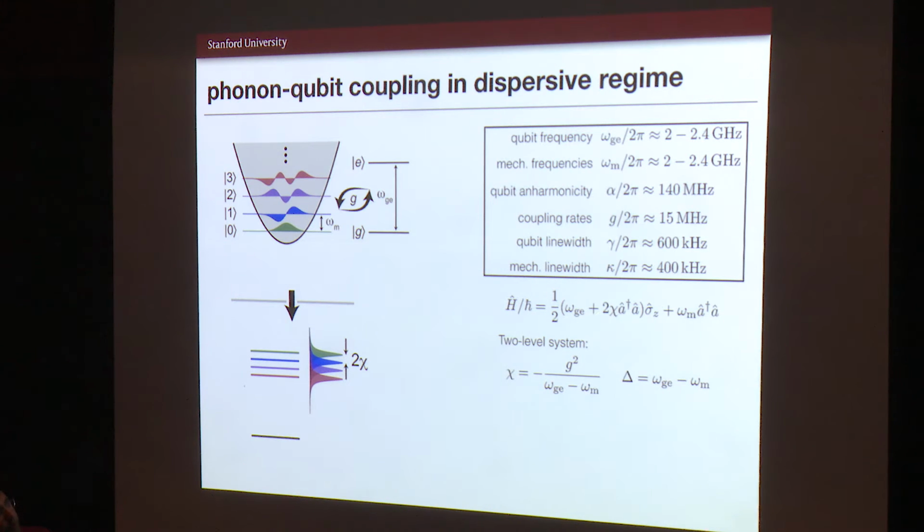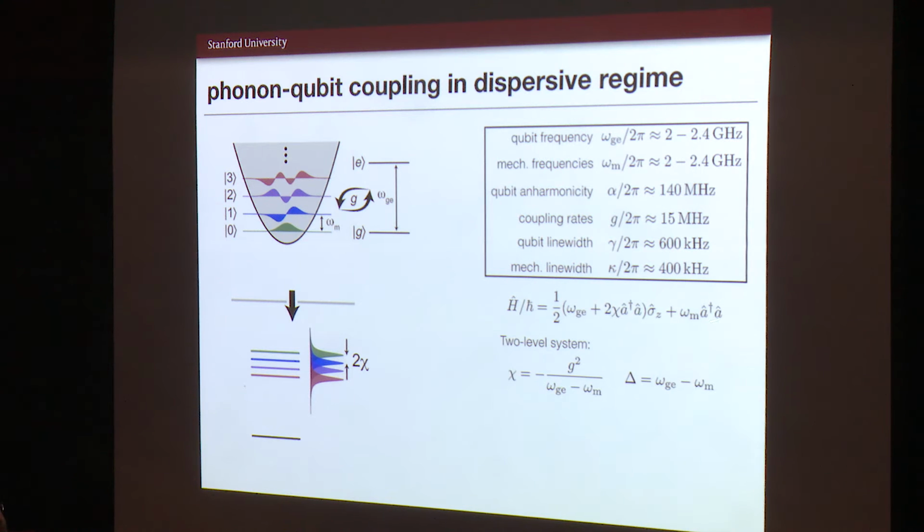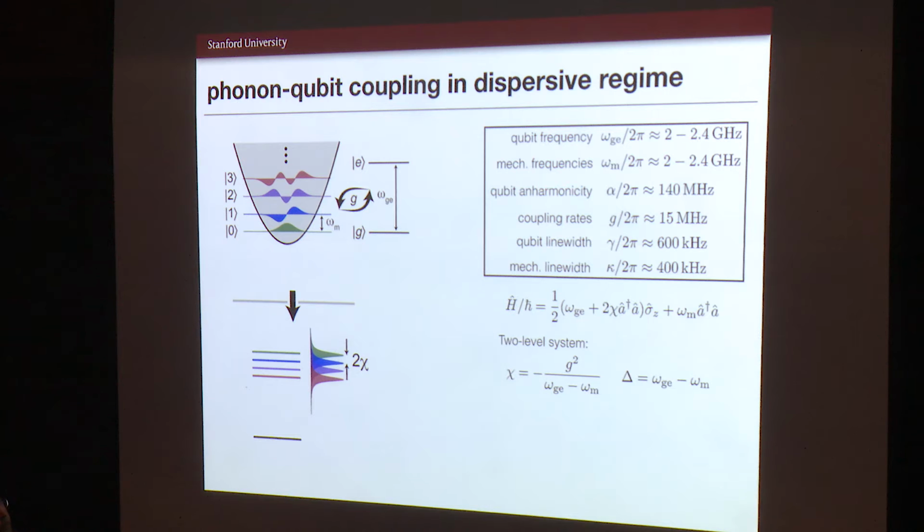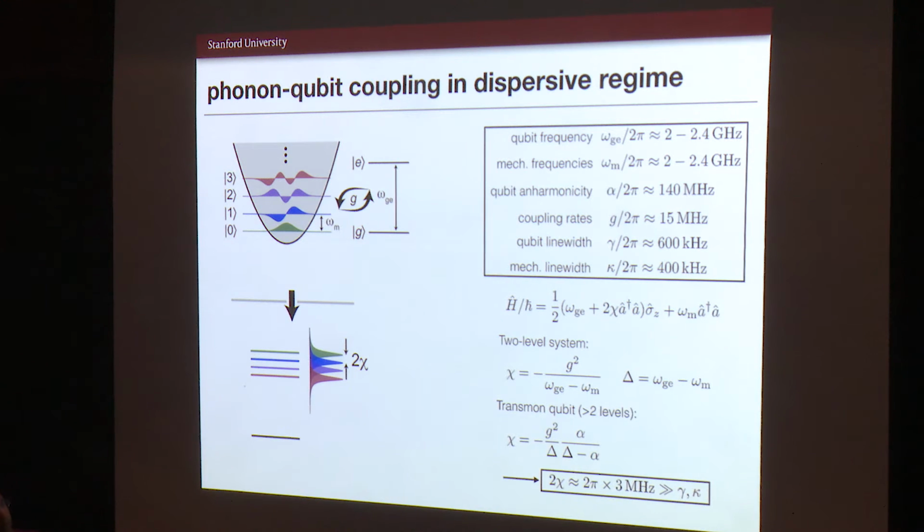So we end up with a term in our Hamiltonian when the qubit is detuned that looks like a dagger a multiplied by the qubit energy, and the coefficient in front of this is something like 3 megahertz, which is still larger than our decoherence rates.